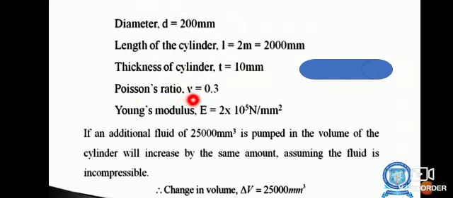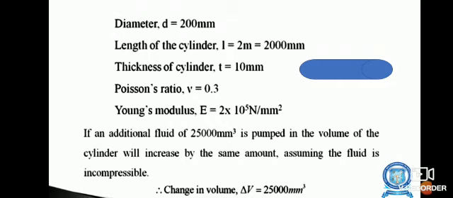Poisson's ratio mu is equal to 0.3. Then Young's modulus E is equal to 2 into 10 power 5 Newton per millimeter square. That is the data inside the problem.